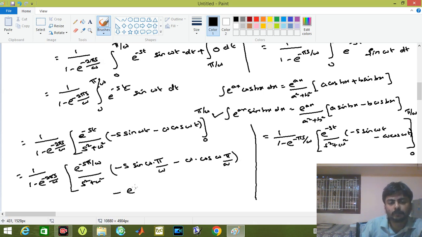At 0, e power of 0 is 1, so 1 divided by s square plus omega square, of minus s into sine 0 minus omega into cos 0 (sine 0 is 0 and cos 0 is 1).